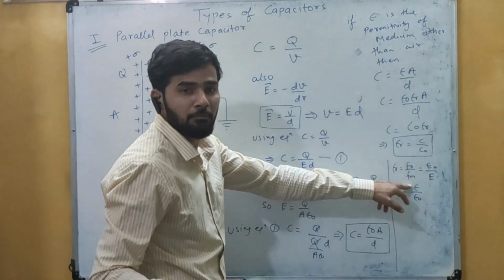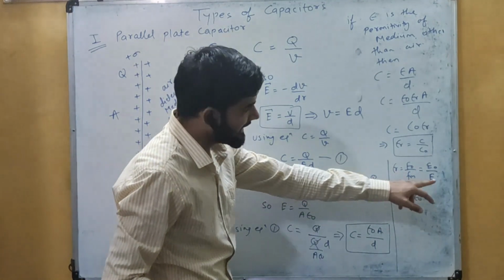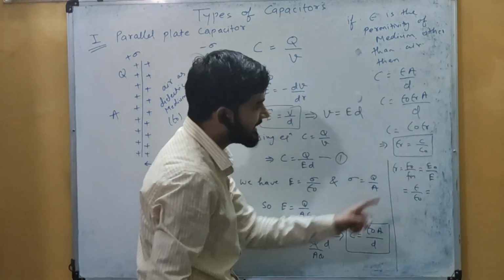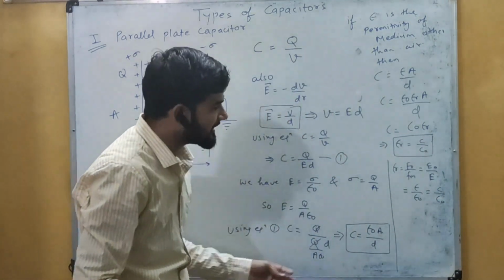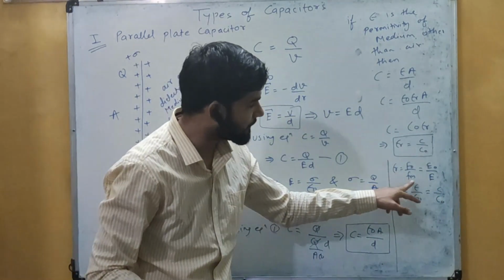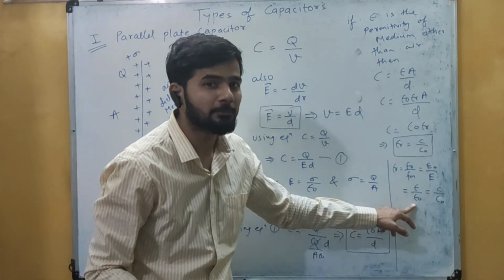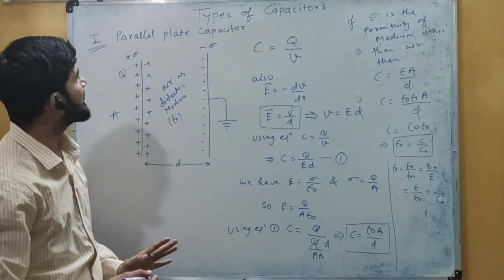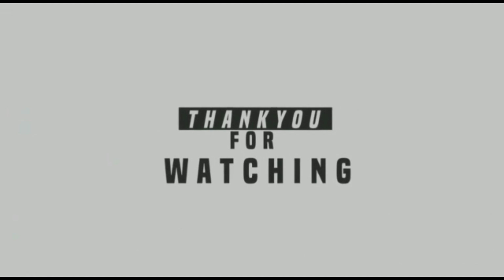This is the permittivity of the medium to the permittivity of the free space. ये हमारे पास था force के term में, ये electric field के term में, ये permittivity के term में. Now we have this another relation that is in terms of capacity, that is C by C naught. So this relative permittivity can be defined in terms of force, in terms of electric field, in terms of the individual permittivity or the absolute permittivity, and in terms of capacity. Okay, so here in this way we can draw the conclusion related to parallel plate capacitance.